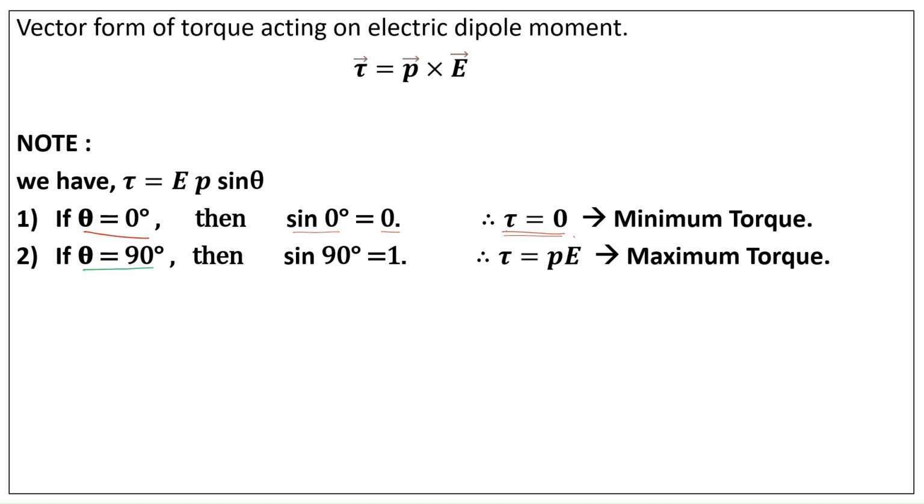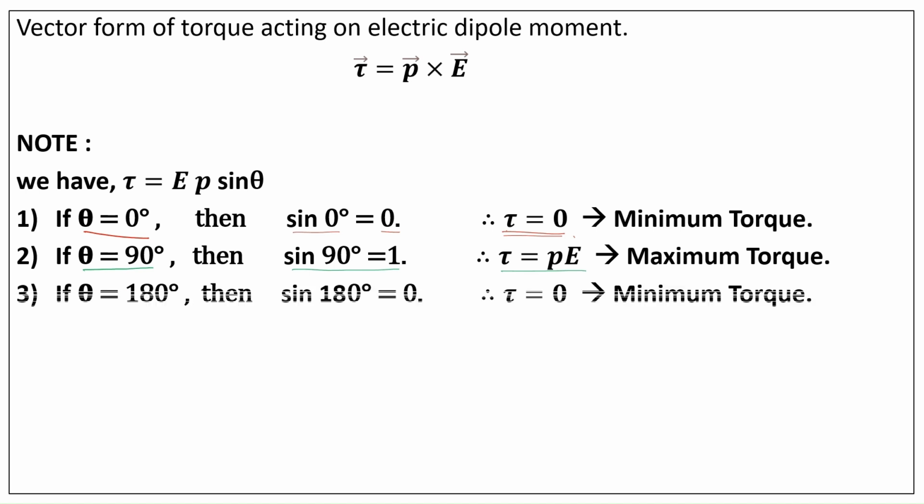If theta is equal to 90 degree, then sin theta is equal to 1. Therefore, τ is equal to EP. That is, torque acting on electric dipole is maximum. 3. If theta is equal to 180 degree, then sin theta is equal to 0. Therefore, τ is equal to 0. That is, torque acting on electric dipole is minimum.